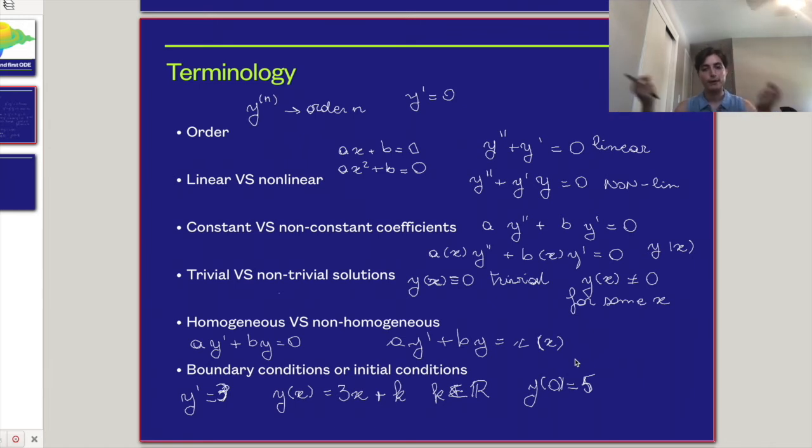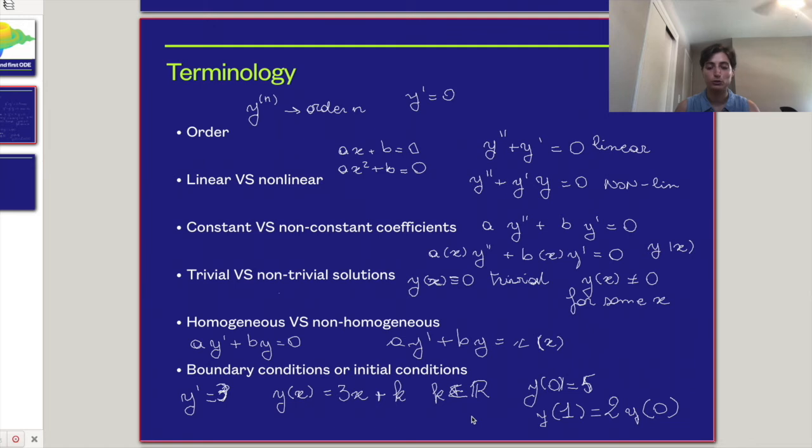We can also have boundary conditions. That means information about y between 2 points. So for example, I might know that y at 1 is equal to 2 times y at 0.